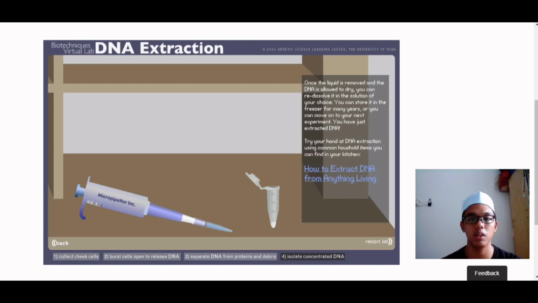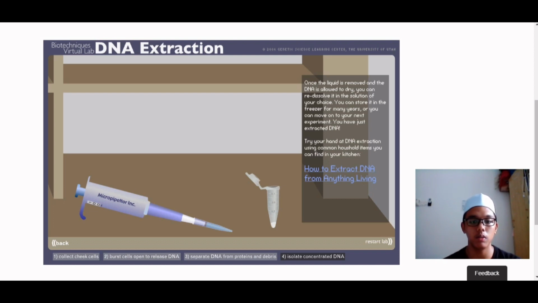Once the liquid is removed and the DNA is allowed to dry, we can redissolve it in the solution of our choice. We can store it in the freezer for many years, or we can move on to our next experiment. So we have just extracted DNA.